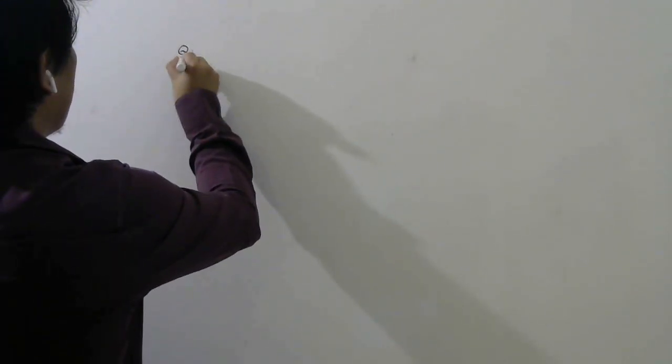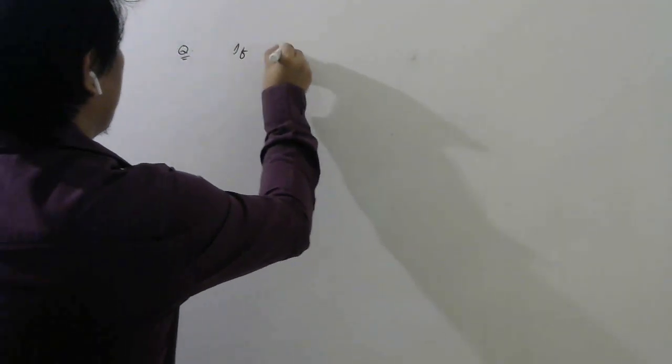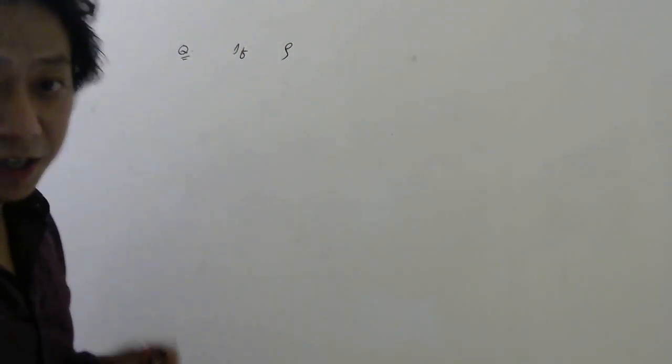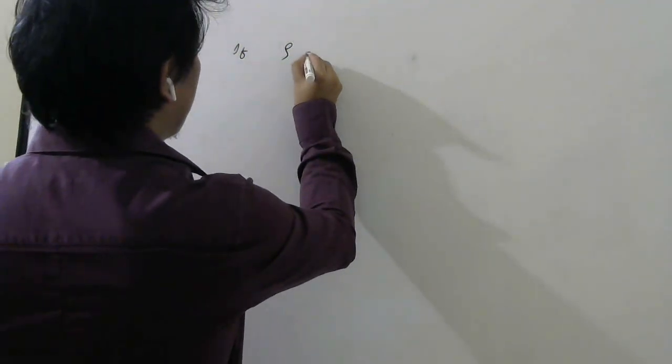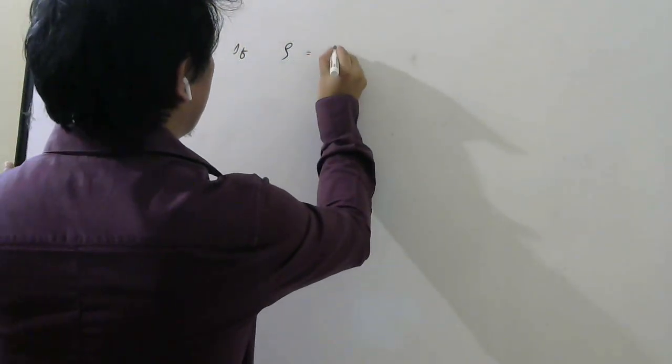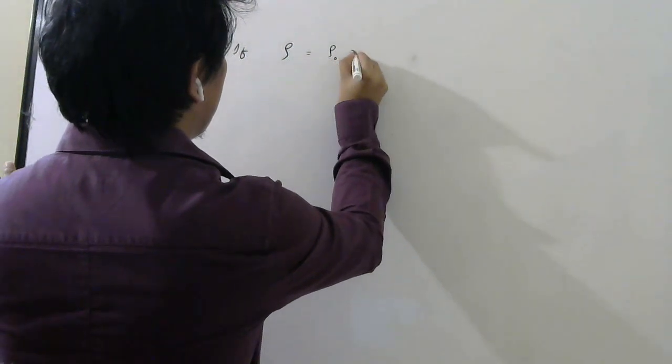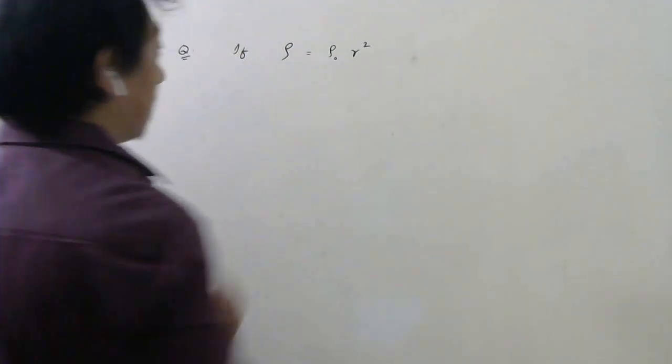So now, before we start the entrance corner, before we start solving MCQs, one more problem let me give you. If rho, which is your charge density, that is, charge per unit volume, is not constant, but is given as some constant times r square.